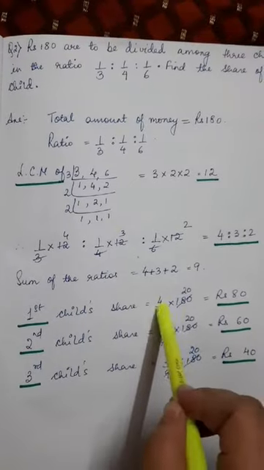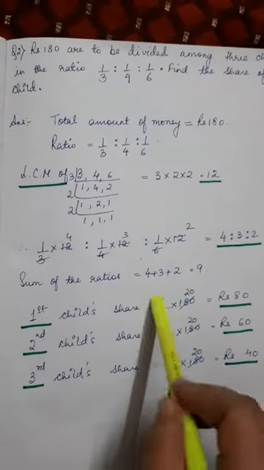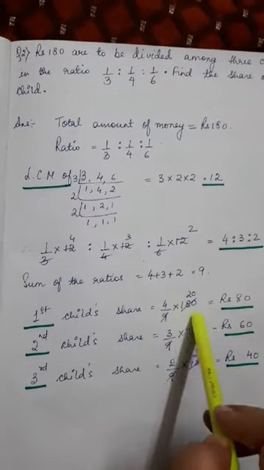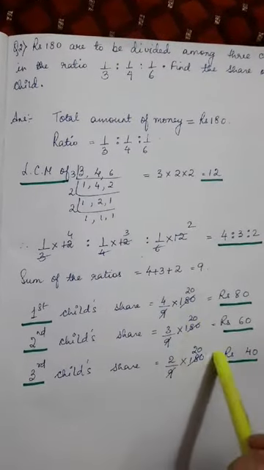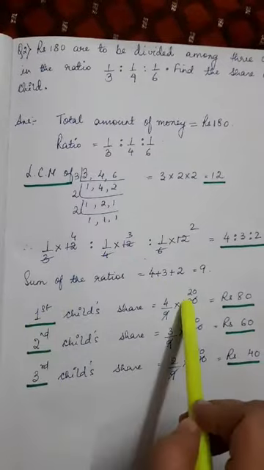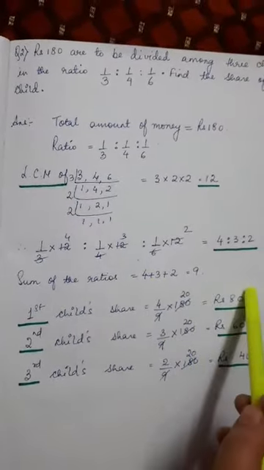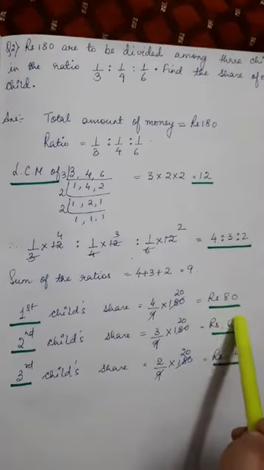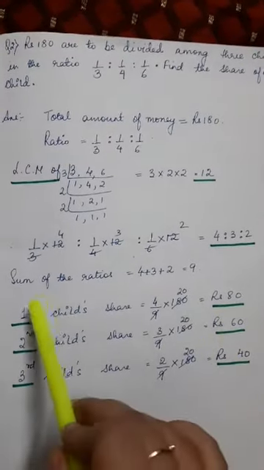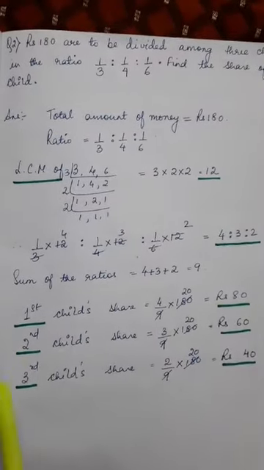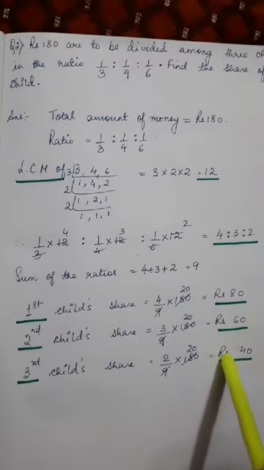The total sum of the ratio in the denominator is the same for all 3 shares, as well as the total amount. Only the first, second and third ratio will vary, and accordingly you can find the amount each child has got. That means the first child got rupees 80, the second child rupees 60, the third child rupees 40.